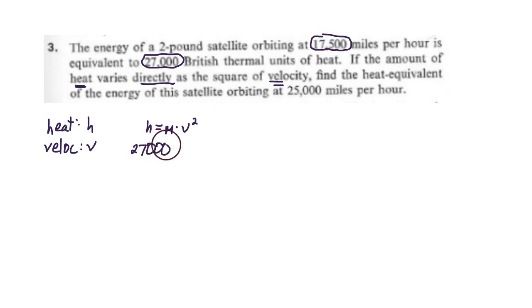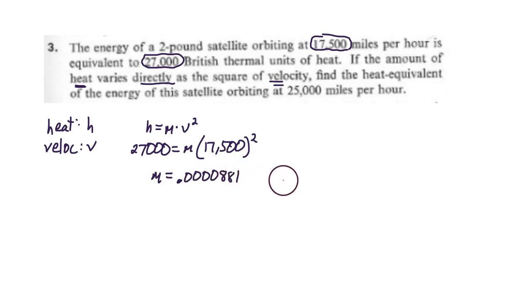The 27,000 is our value of H, and the 17,500 is our velocity. Let's solve this for m on a calculator. We'll go 27,000 divided by 17,500 squared. And the result turns out to be a very small number, 0.0000881. There's actually some additional digits there, which I'm going to keep in my calculator's memory.